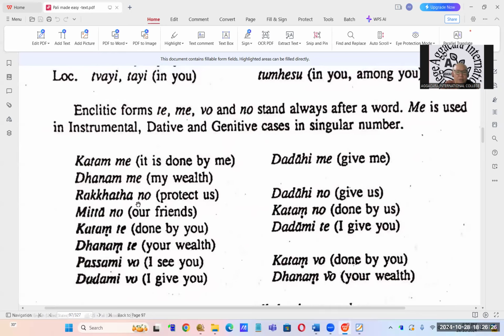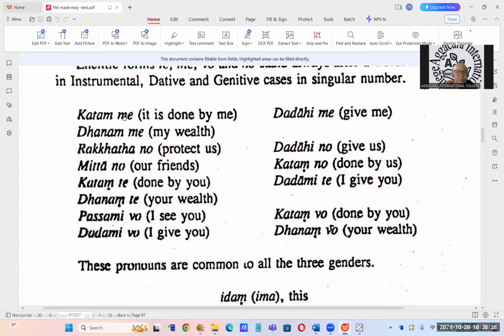Now, this is a short form: me, no, te, wo, right? So we always say idam me or idam no, okay, and wo. So this one, now: katam me. Katam is done.